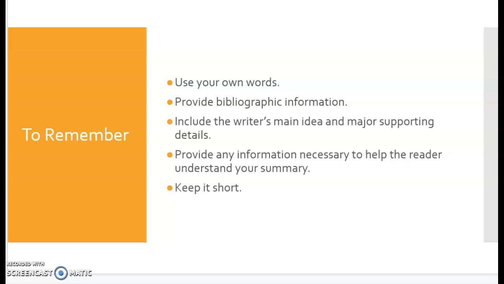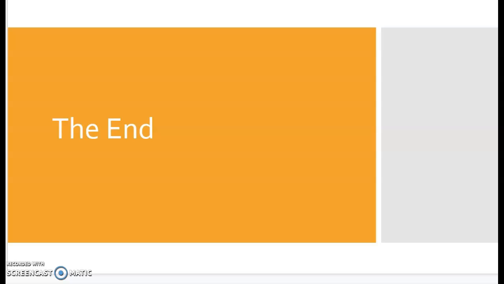So that's why marking and annotating of your article, of the text, is going to be so important, so that you know what his or her main points are and how he or she supports it. Okay, so you're going to be practicing doing these steps in order to write your own summary. And then once you have the summary, you'll be ready to do the second part of the assignment, which is the reaction.